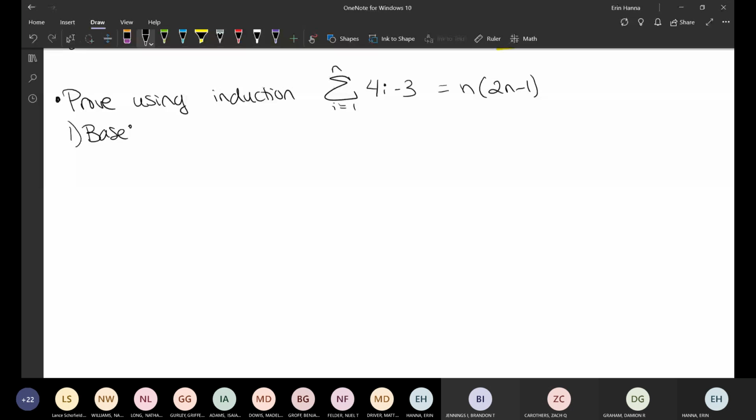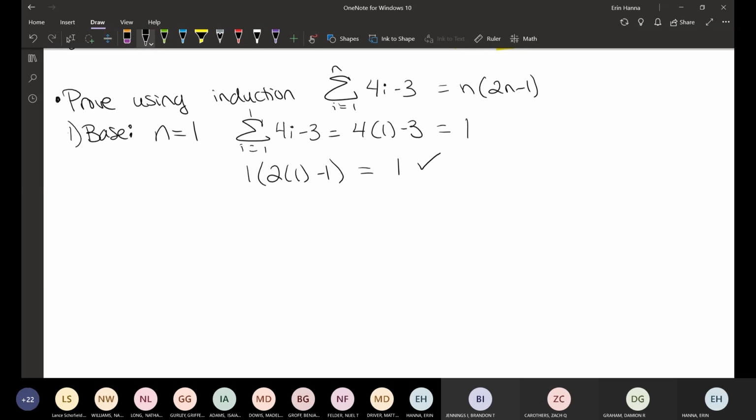Base case. N equals 1. Plug 1 into the left side, and then plug it into the other side as well. So 1 times (2 times 1 minus 1). 1 times 1 is 1. 1 equals 1.